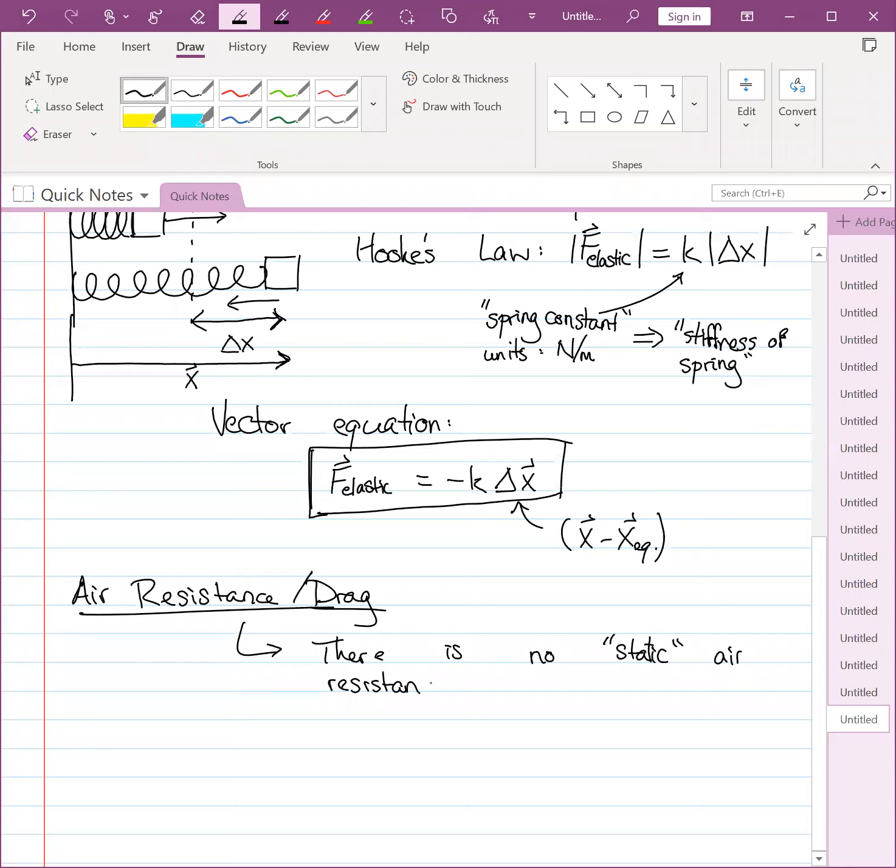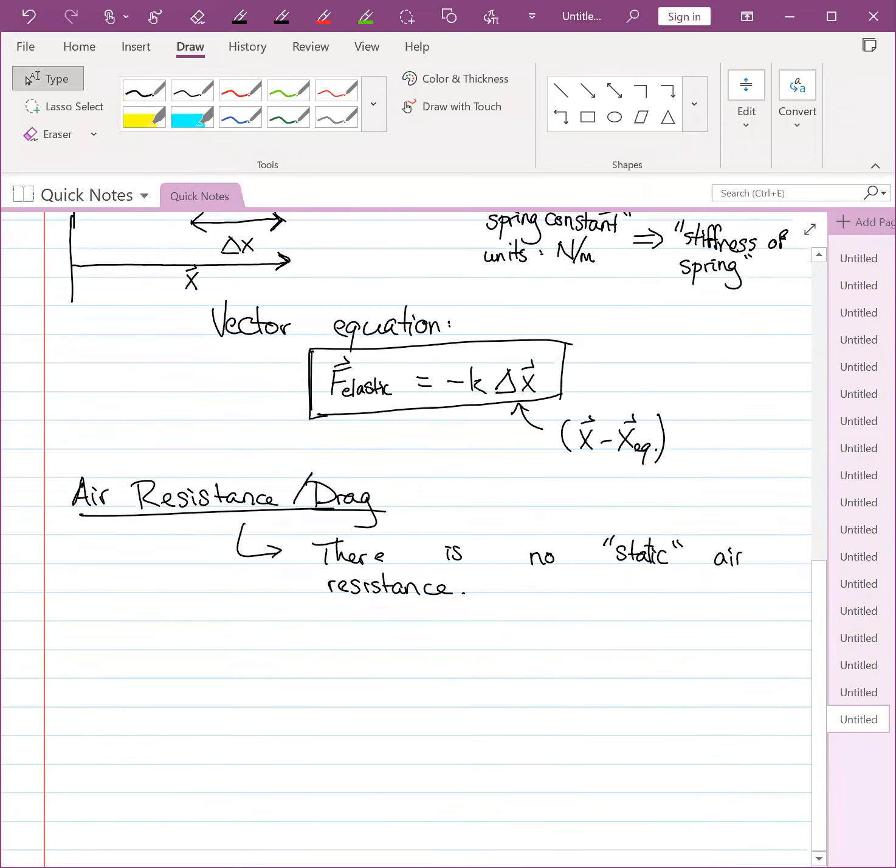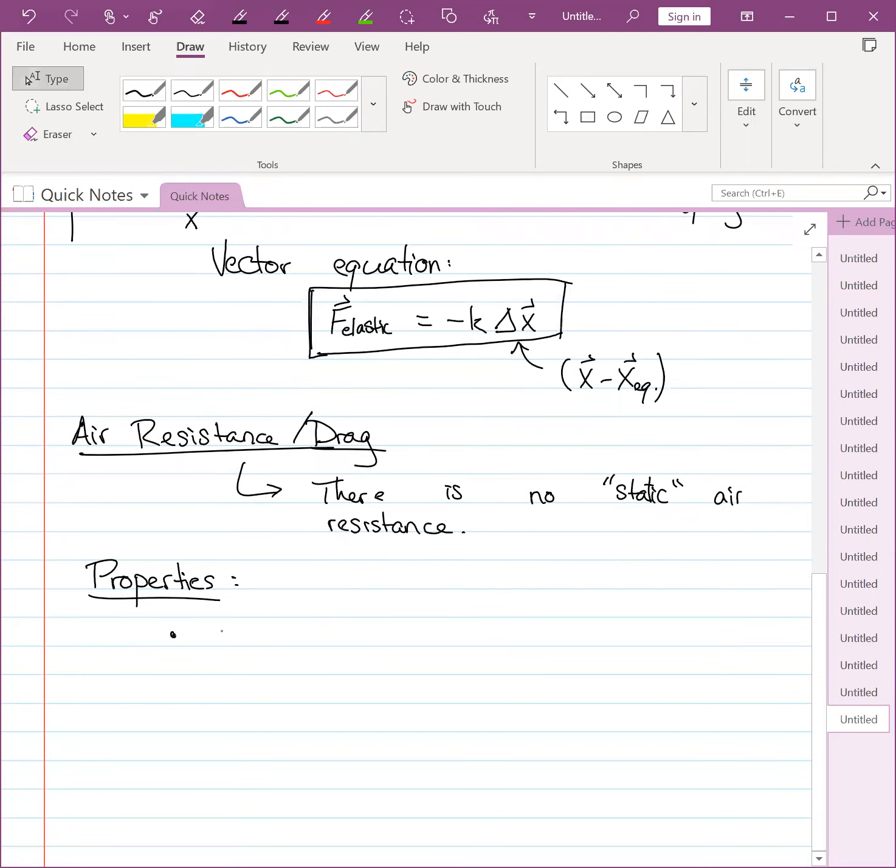And indeed, we can actually quantify the properties of air resistance. What is the magnitude of the air resistance force dependent on? That's not particularly hard. You could just do it by experimentally testing out different things, and you'd come up with these conclusions relatively quickly. It is proportional to the cross-sectional area.